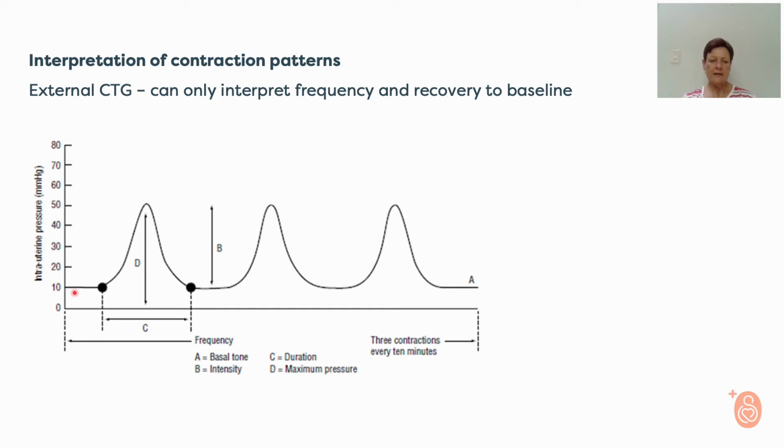But here, if we set the baseline, and here it's been set on 10 millimeters mercury, we can see that the uterus relaxes every time to more or less 10 millimeters mercury, so that the pressure in the uterus comes back to where it should be between the contractions, which is also very important when we think about the basal tone.